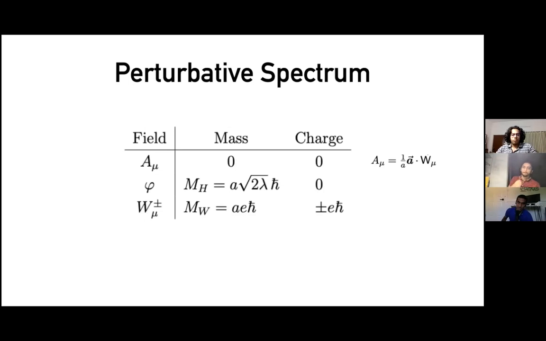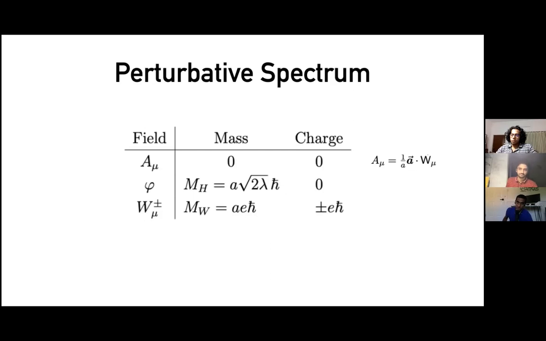This is very much like what happens in electroweak theory, if you think about it. But of course, electroweak theory is SU2 times U1. And so what happens is that when you break, you don't just have W plus, W minus and the electromagnetic gauge field; you have W plus, W minus, Z and the gauge field.